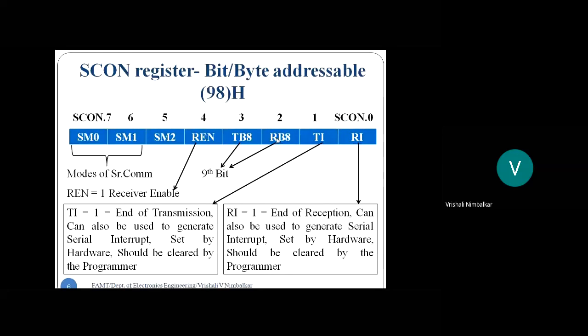Correct? Now the next. We will see different modes in serial communication. We can transmit 8-bit data as well as 9-bit data. Like what we saw in the frame format, the 9th bit is the parity bit. Are you getting me?